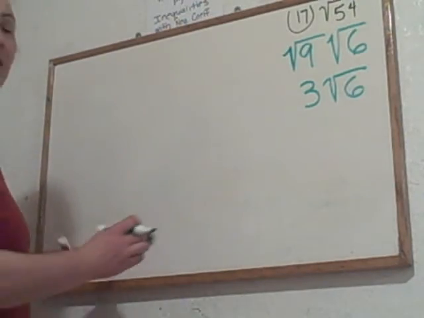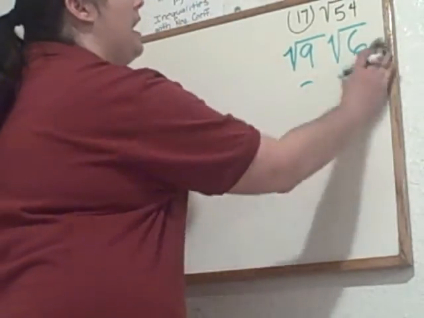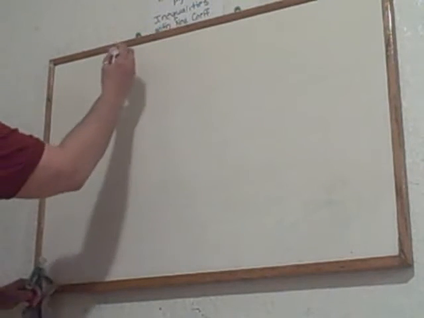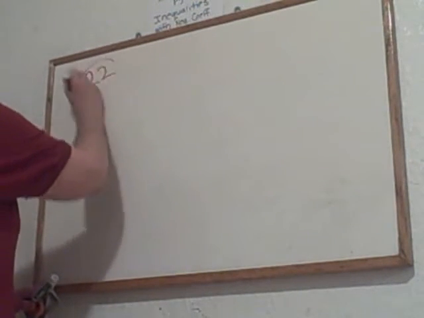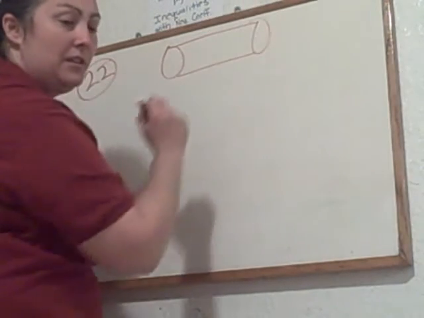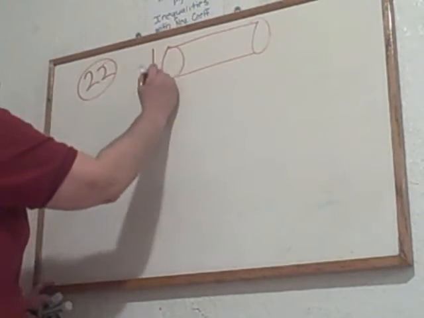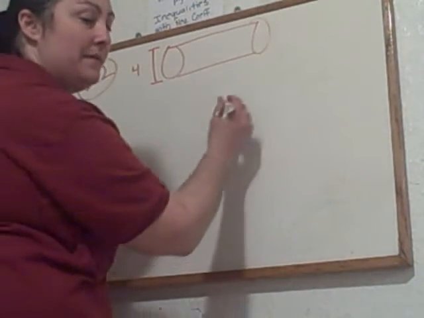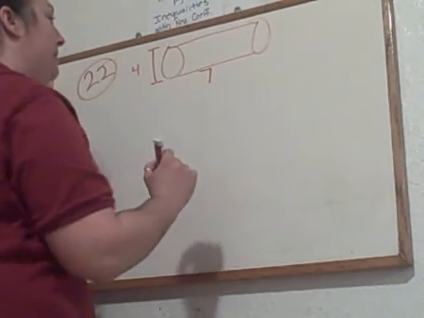Looking last at number 22 and 23, finding the volume of those solids. Number 22 presents us with the cylinder. And the cylinder has a diameter of 4 and a height of 7.